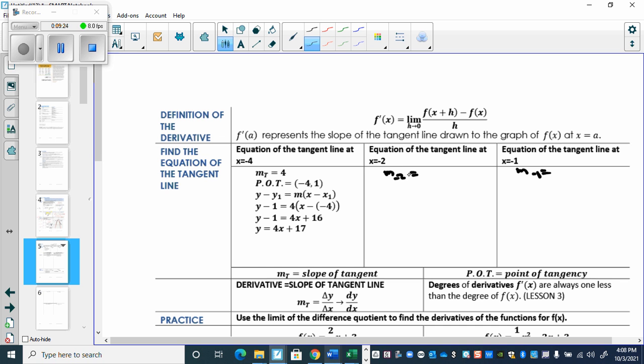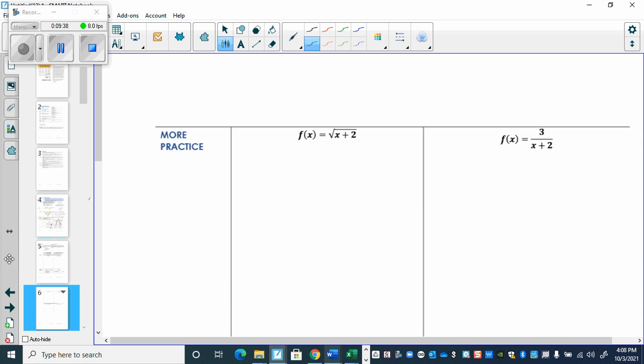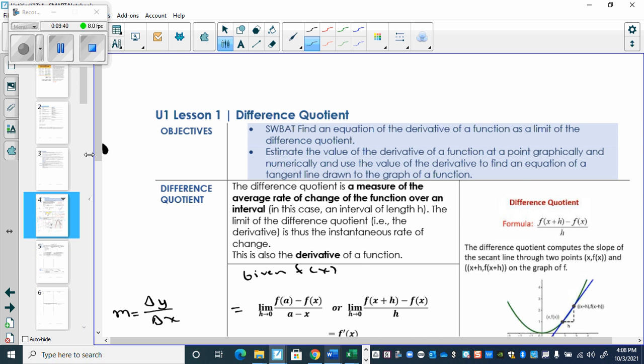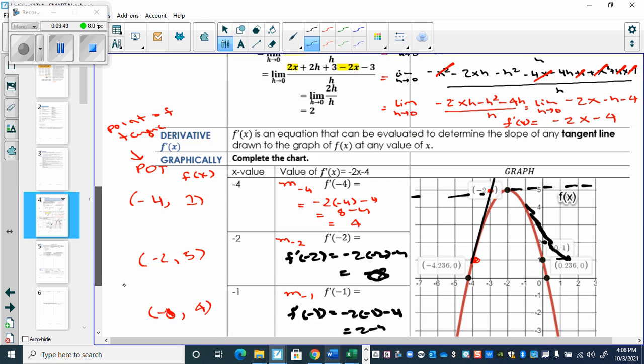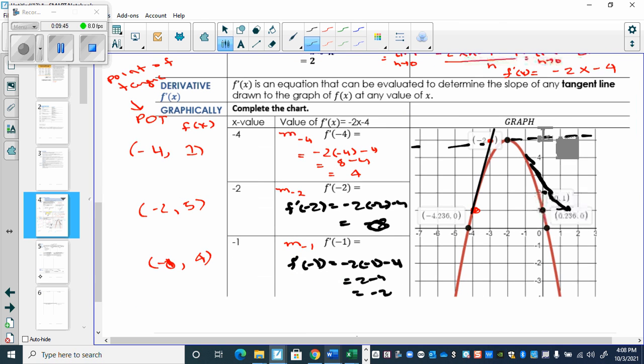So the points of tangency are -2, 5, and -1, 4, and the numbers we had there were 0 and -2.